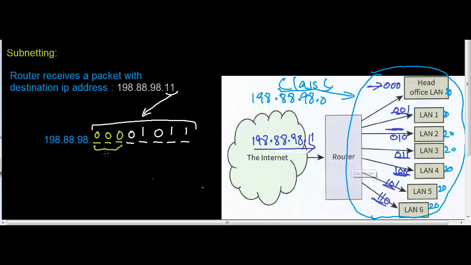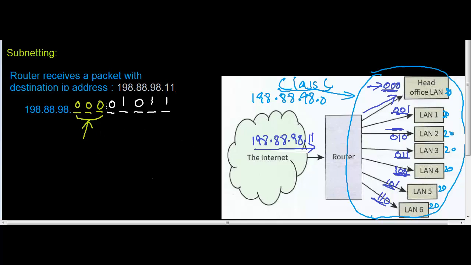Which means that this host is present on the subnet with subnet ID 000. And as we can see in our diagram, 000 is the subnet ID of our head office local area network. Remember, this subnet ID was configured by the network administrator on the router using software. So the router is now going to forward this message onto the subnet for the head office LAN.